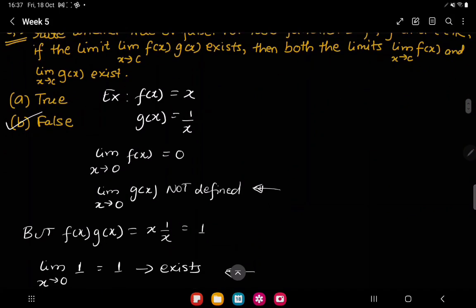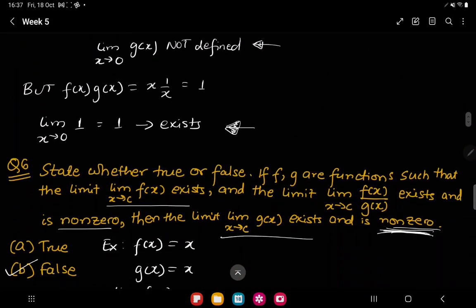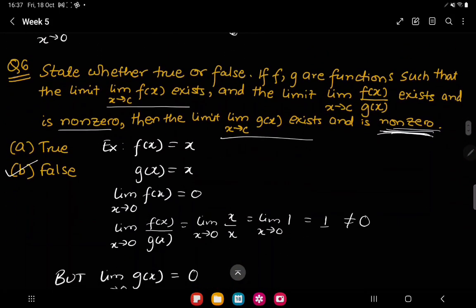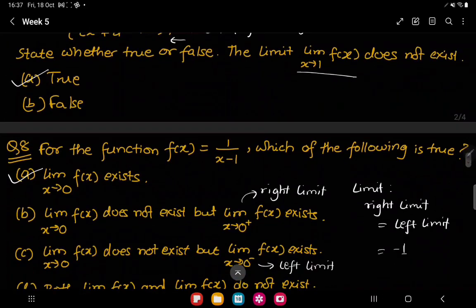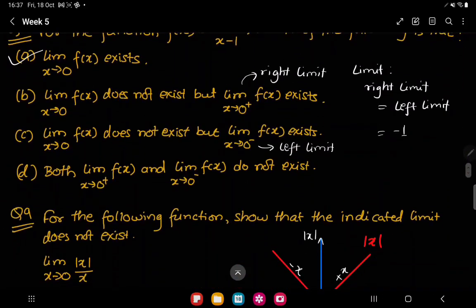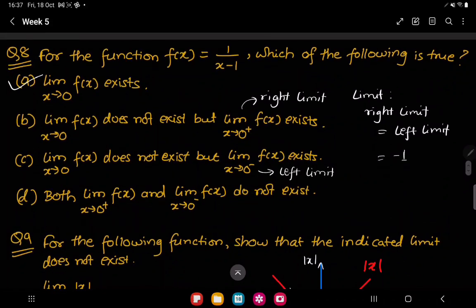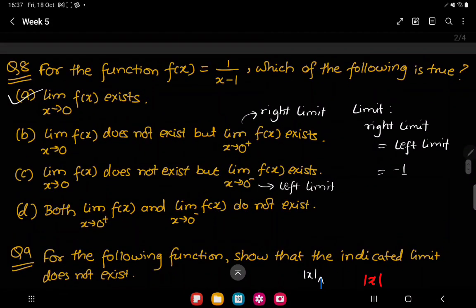Then convergence. Then we also saw the concept of left hand limit and right hand limit.